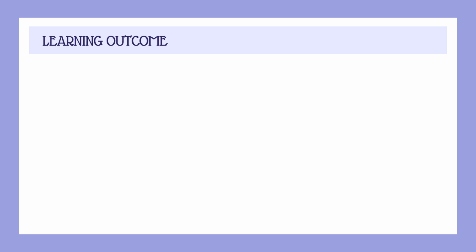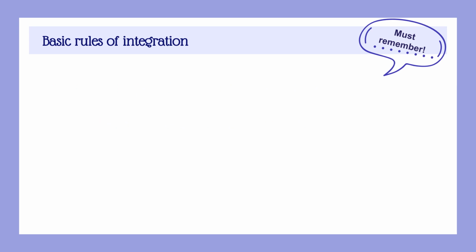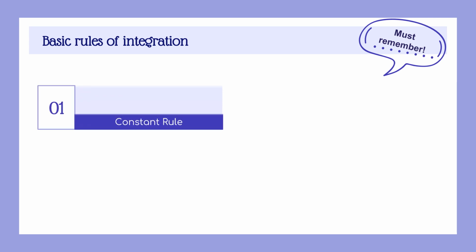Learning outcome. At the end of the lesson, students should be able to use the basic rules of integration. You must remember all the basic rules of integration. There are 4 rules. The first one is the constant rule: integrate dx equals x plus c.